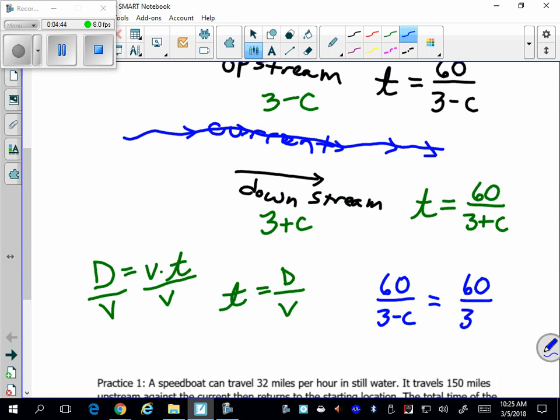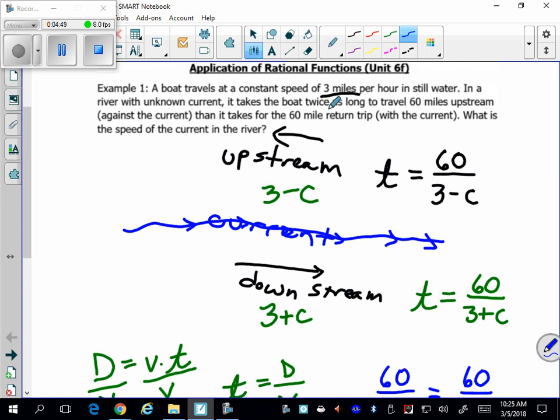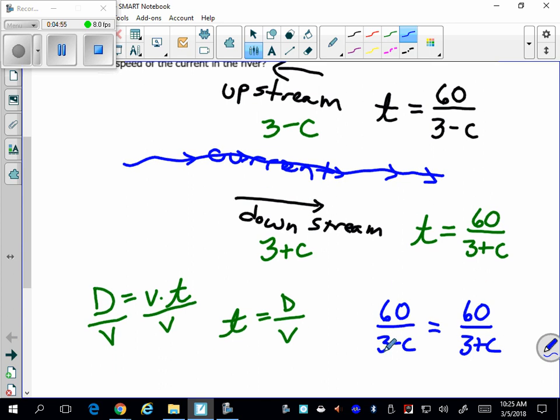And we know it's not. If we go back to our problem, it says the boat takes twice as long to travel 60 miles upstream. So here's our upstream. It takes twice as long, so it has to equal this time here times 2. So we have to take the time of the downstream and multiply it by 2.